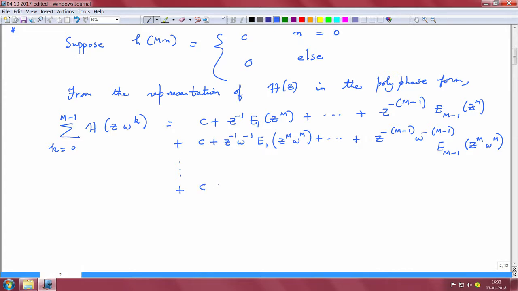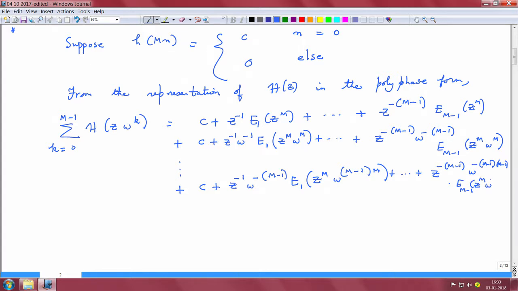So, you have c, this is a DC term, plus z power minus 1 omega power minus of M minus 1 E1 of z power M omega power M minus 1 times M plus dot dot dot z power minus of M minus 1 times omega power minus of M minus 1 times M minus 1 times E subscript M minus 1 of z power M times omega power M minus 1 times M. Okay.